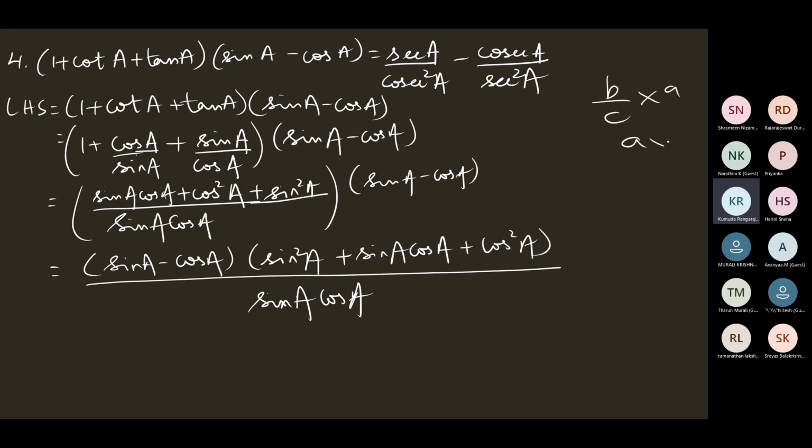You will write it as A into B by C, the whole thing by C, because it's by 1 here. So multiply the numerators, multiply the denominators. Now tell me, children, is it clear? Yes, ma'am.